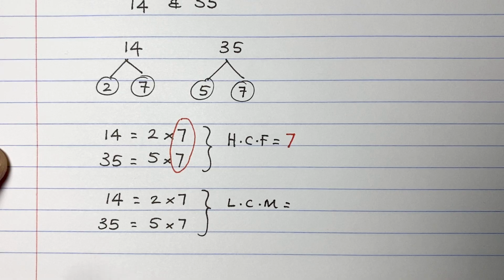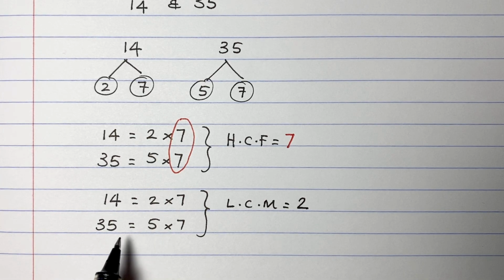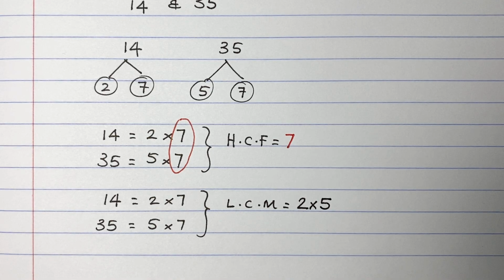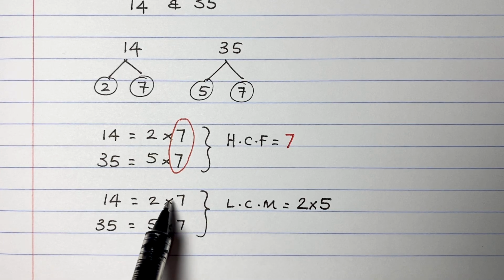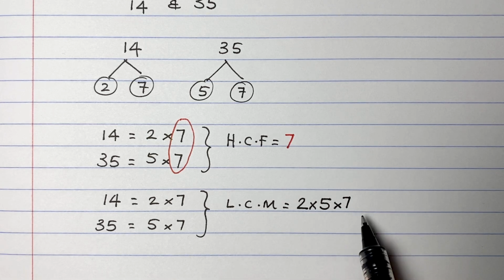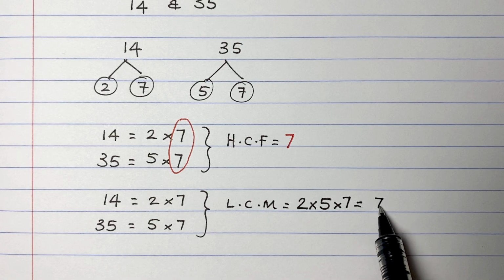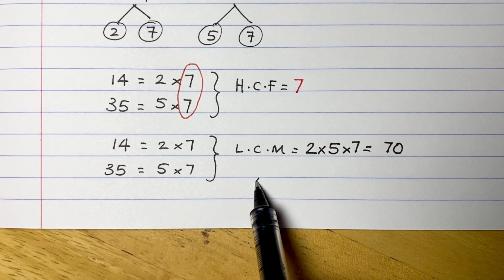Top line with only one 2. 5, the maximum number of 5s is in the second line, and there's only one 5. Both lines offer 7, but the maximum number of 7s is 1. One 7 here, one 7 here. So I take 1 as the maximum number of 7s. And when you multiply, 2 times 5, 10, times 7, 70. That's the LCM.